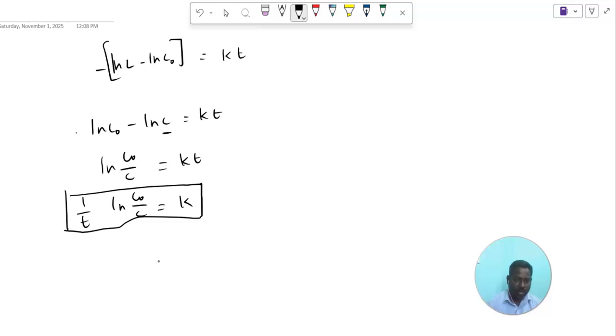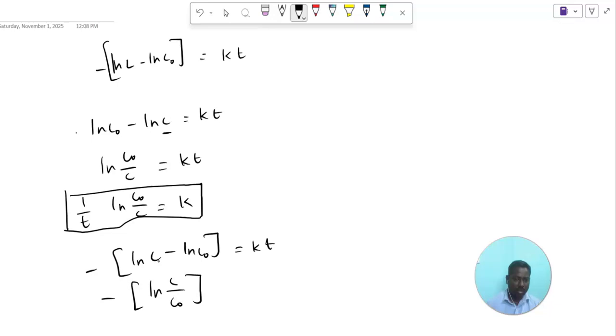So minus, ln C minus ln C naught, equal to kt we have. So minus ln C by C naught is equal to kt. This negative sign you can bring to this side.